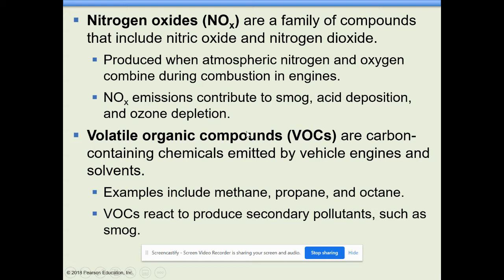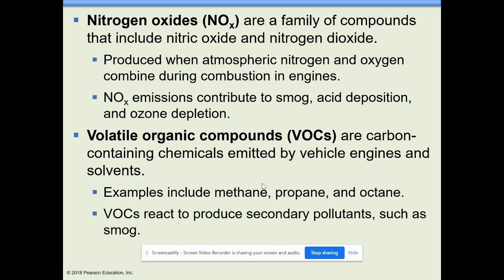The third chemical is volatile organic compounds, or VOCs for short. These are carbon-based chemicals that are produced when vehicles are combusting fuel or through solvents like paint thinners. Examples are like methane and propane. These are very small, very light molecules that can get out in the atmosphere when we're like pumping gas.